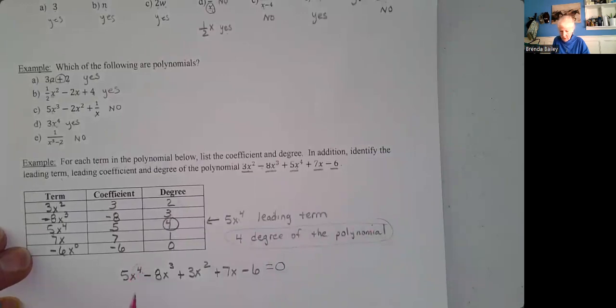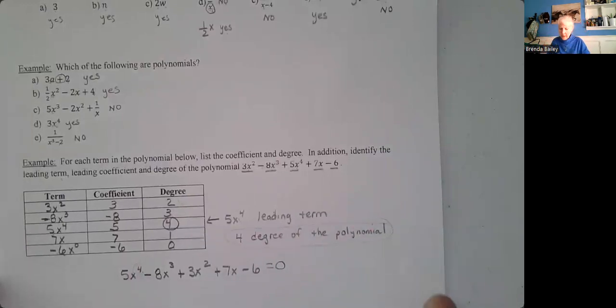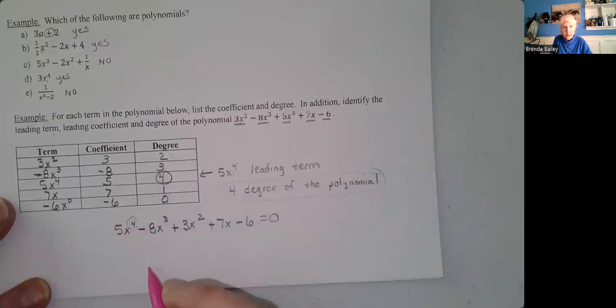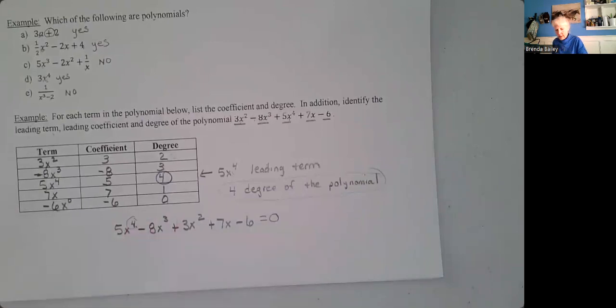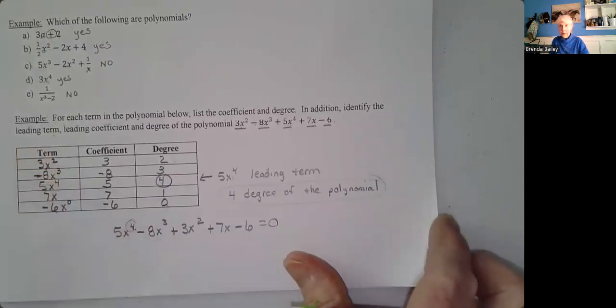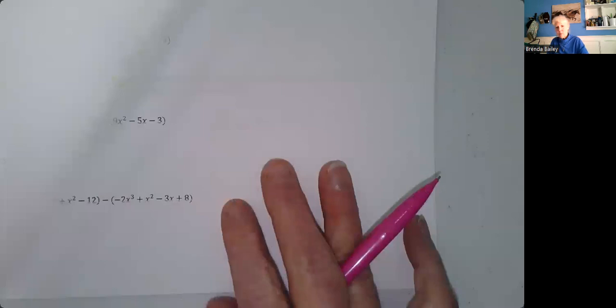It also tells you the basic shape of the picture of your graph. And because this is an even power, it would be shaped more like a parabola overall. So the degree of the polynomial has some significance. Right now, we're just trying to find the degree, not really what it's used for yet.